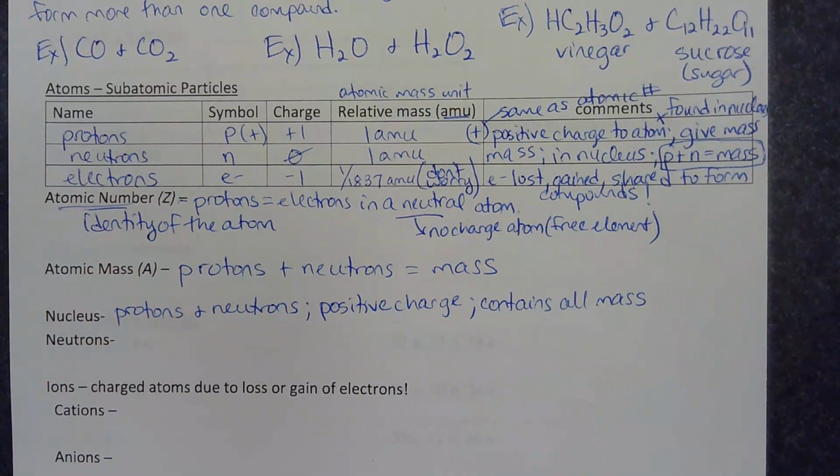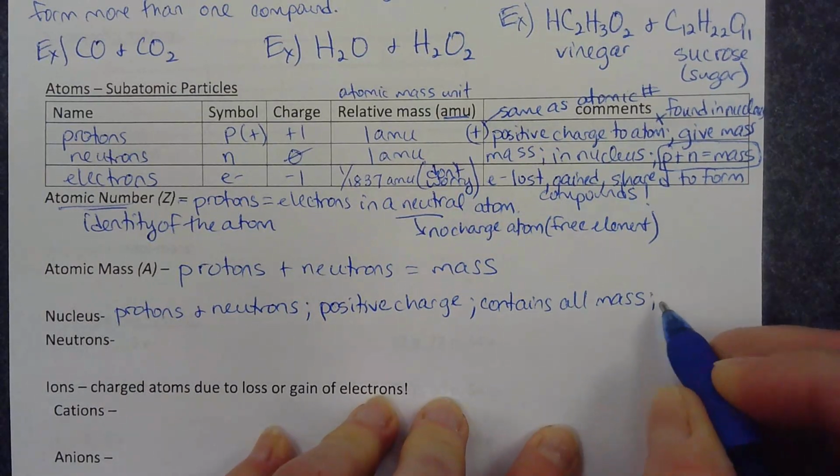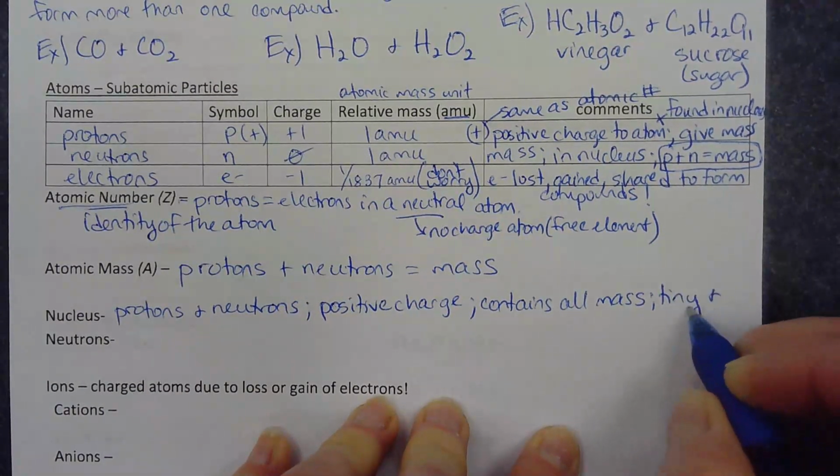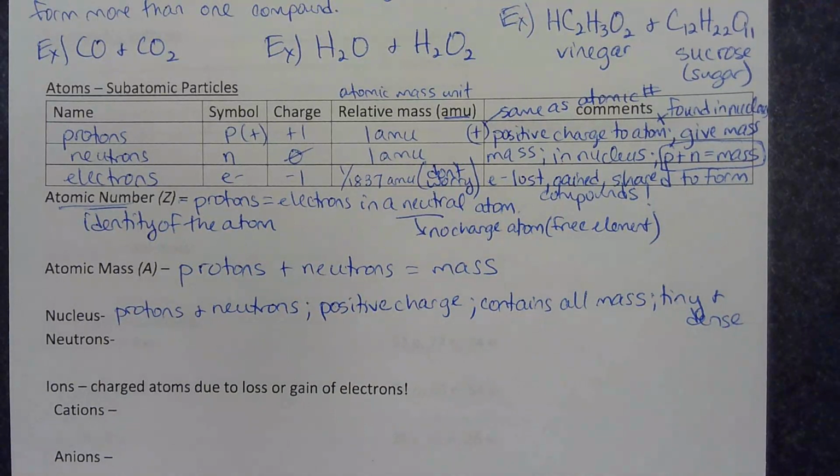Also, which is not written here, it's interesting to know, the nucleus is very tiny and dense. Very, very tiny and dense. The relationship of the nucleus in the atom has often been described as a pea in the middle of the 50-yard line of a football field.